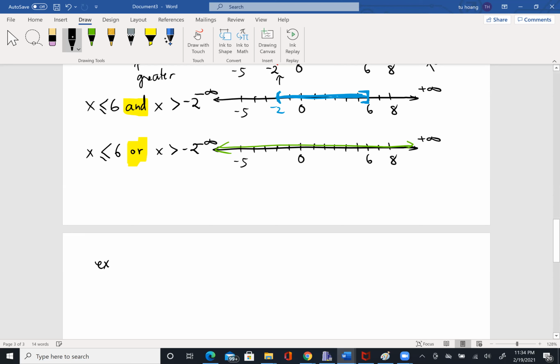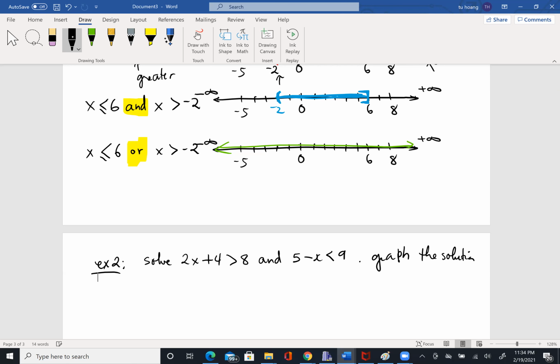So example 2. Solve 2x plus 4 greater than 8 and 5 minus x less than 9, and then graph the solution.